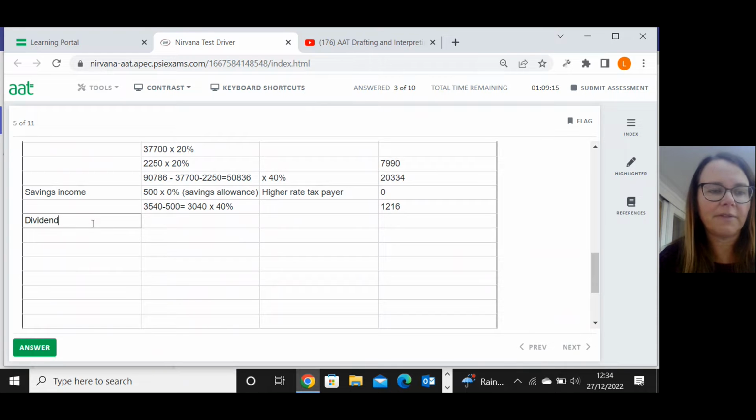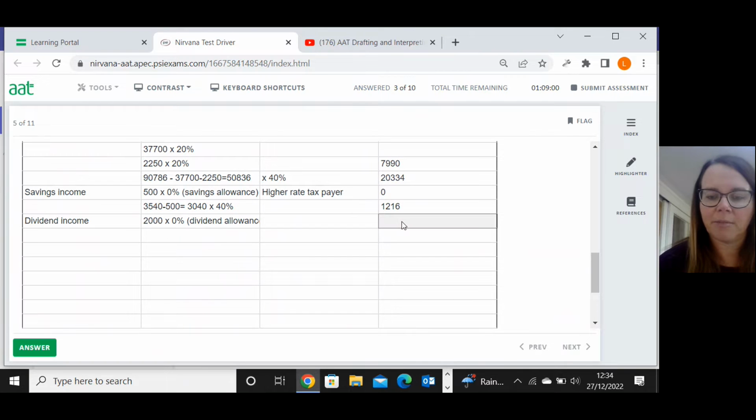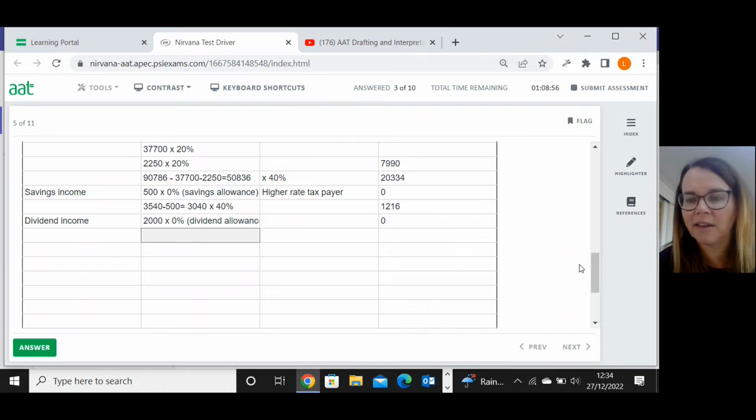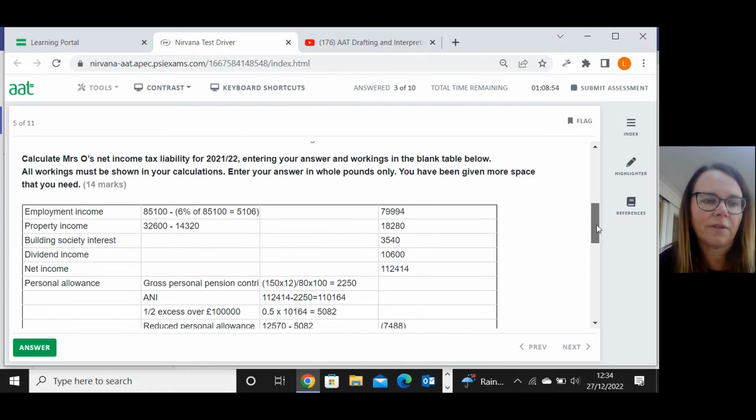And then we've got dividend income. So everyone gets the first 2,000 at 0%, which is the dividend allowance. So that will be 0. And then the rest of the dividends, so how much dividend do we have altogether?